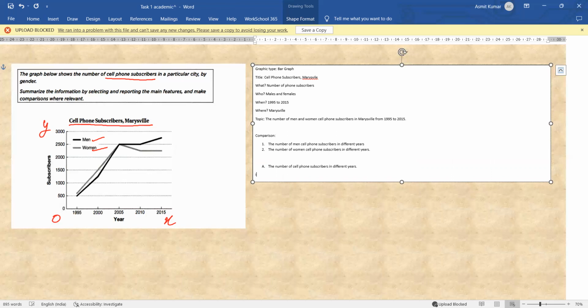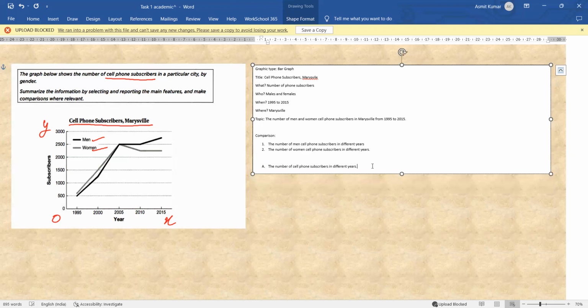And here we'll be writing the points in Roman numerals. Now let's see the diagram: the number of men cell phone subscribers in different years.